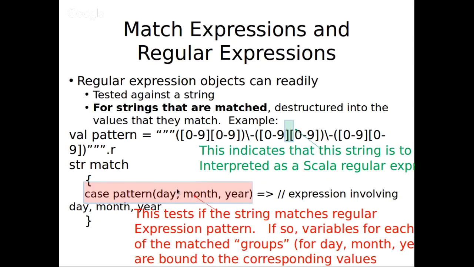And it turns out we could do more interesting things yet with regular expressions, and you can define a regular expression, match a string, and using the regular expression, it extracts each of the parts that it matches, which is really cool, because then you can have an expression involving day, month, year. It's extracted them from the string by virtue of matching them.